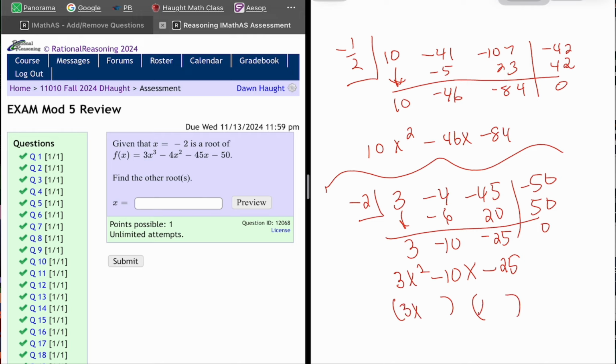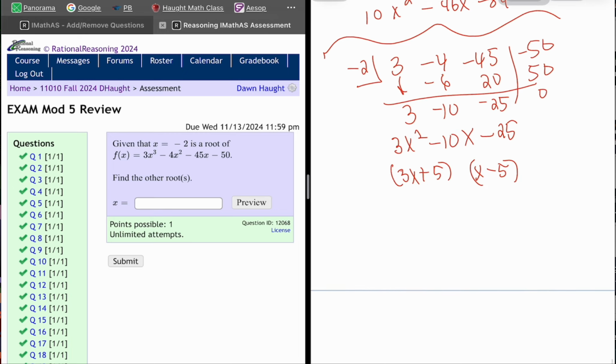If you break that up to be 3x and x, and break it up to be -5 and +5, you get the 3x squared, you get the -25, you get 5x and -15x, which totals -10x. You could also have used the slide and divide technique we talked about earlier. So now we are able to find the roots. So 3x plus 5 equals 0.